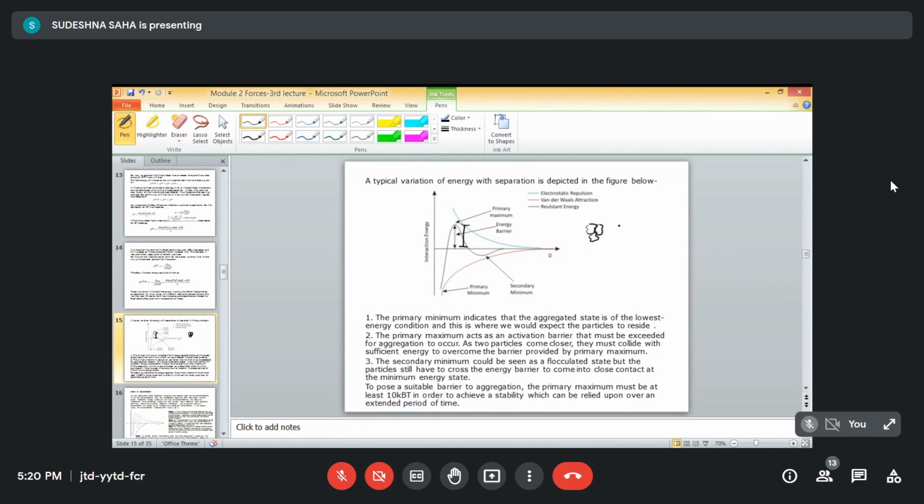Now coagulation is where these small particles come together and lose their own identity to make a bigger particle. So the surface area decreases a lot in this case, and the individual particles lose their identity to form bigger particles. This is known as coagulation.